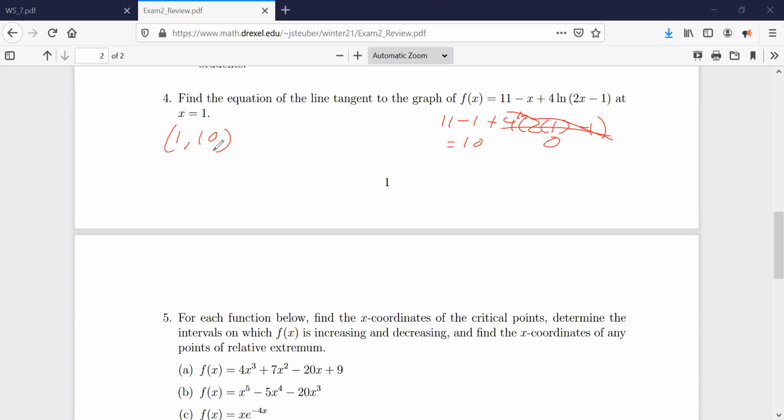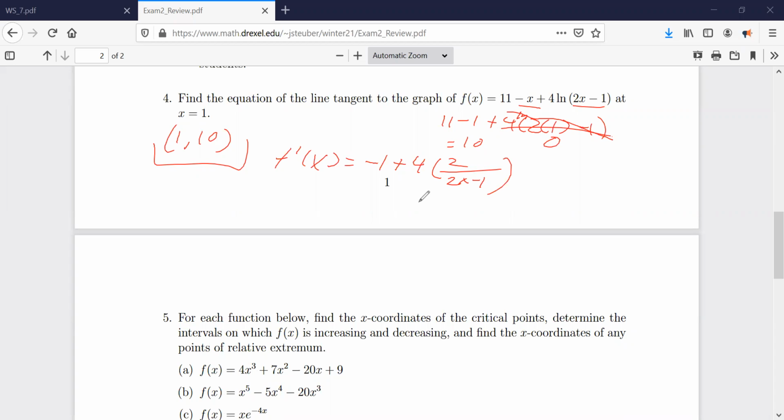This is going to be the point that I use. Now I just have to find the slope. So I need to find the slope of the tangent line. That's just the derivative. So f'(x) is going to be equal to negative 1 from this guy plus 4 times 2 from this guy divided by 2x minus 1.